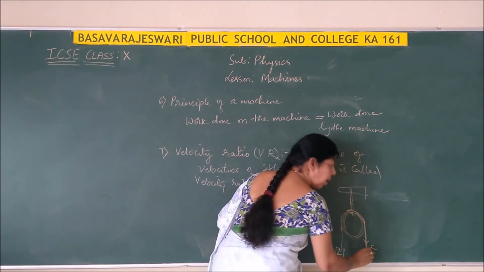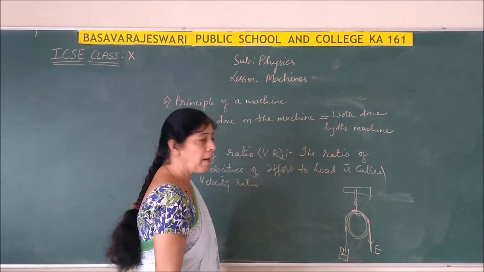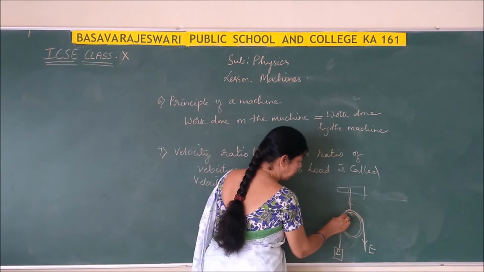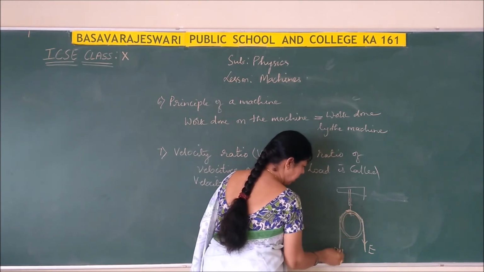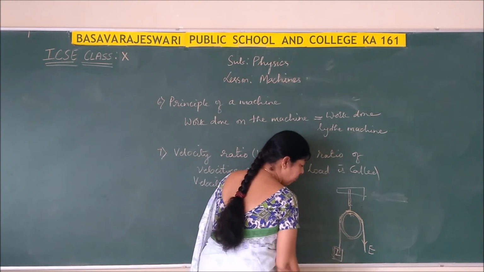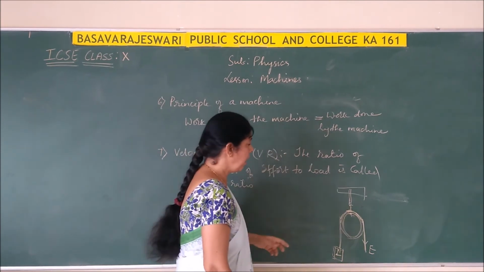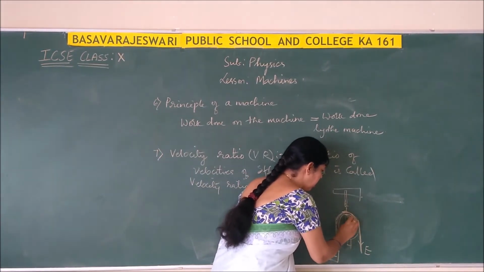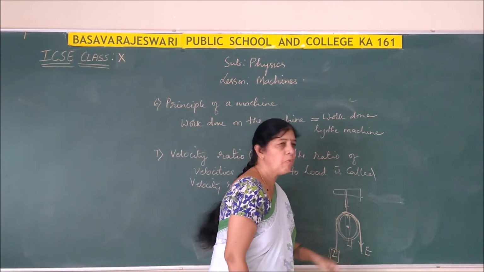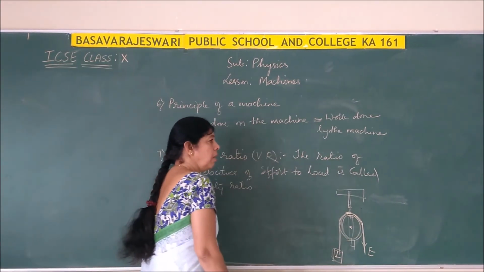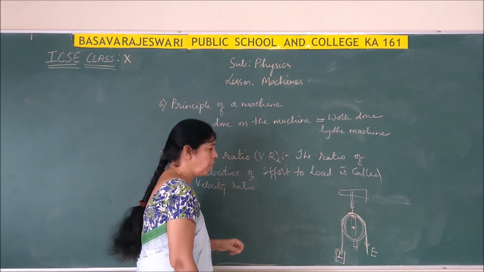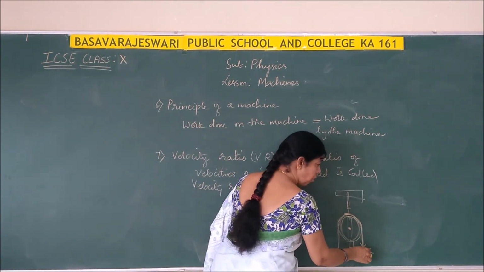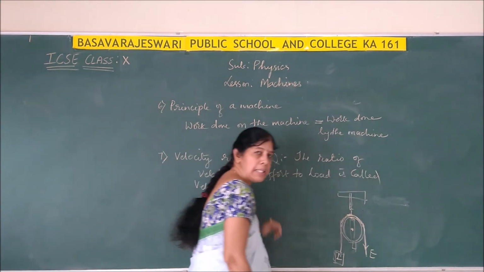In this direction you are applying the effort. When you are applying the effort, for the pulley you are tying a rope to the groove, is it not? And one end of the rope is tied to the load. This load has to be lifted. And you are applying the effort here in the downward direction. Okay. So when you apply the effort in the downward direction, then what happens?